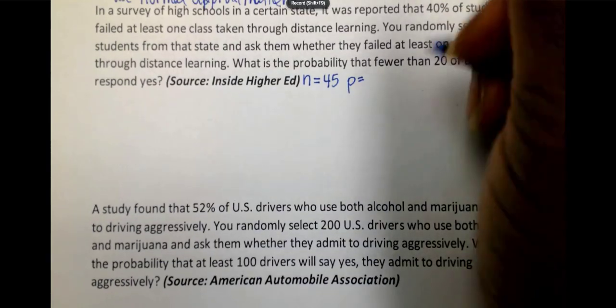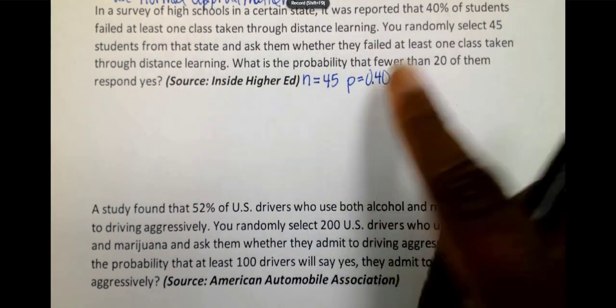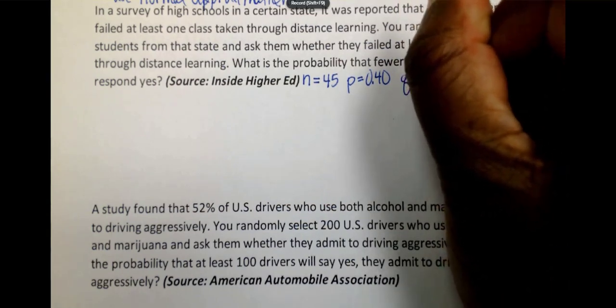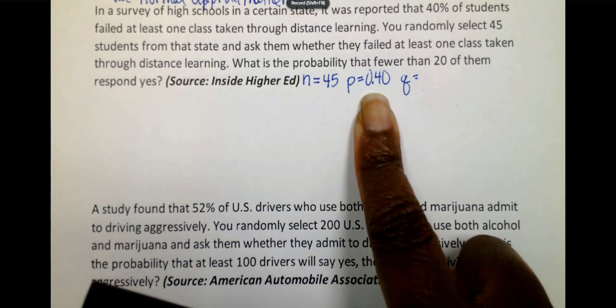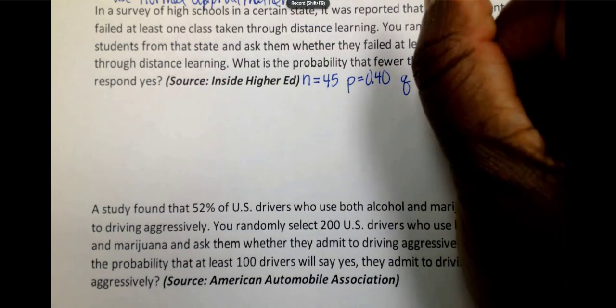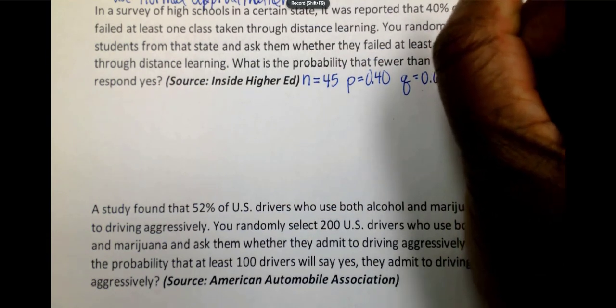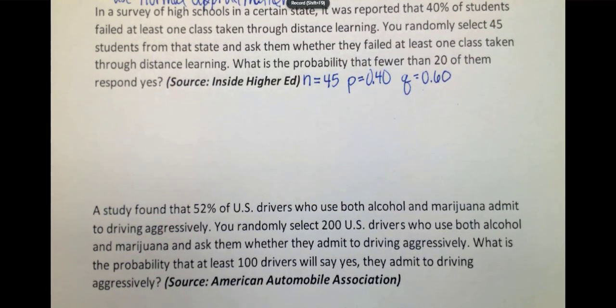P is our passing rate, 0.40. Our Q is the opposite of this, so 1 minus P is Q. So 40% of students failed. That means 60% didn't fail. So that's the opposite.